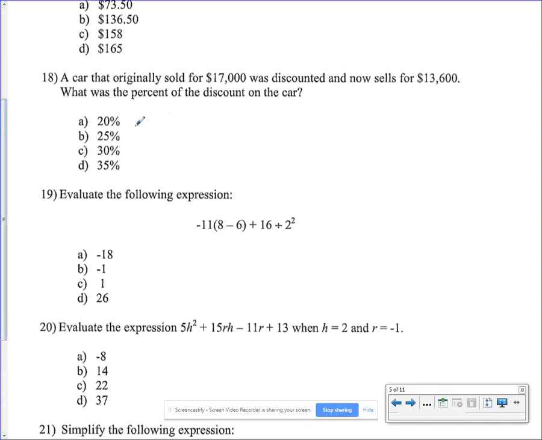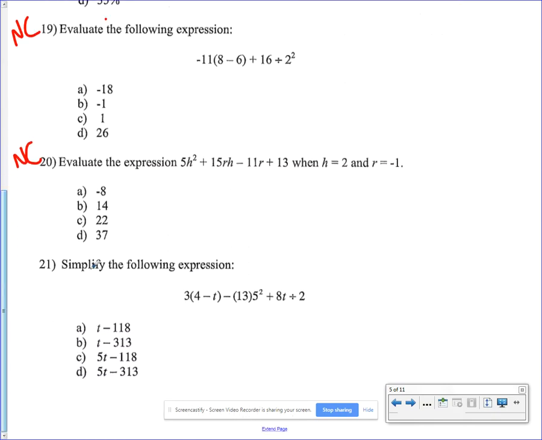When it's multiple choice, sometimes just try those and go from there. 19 and 20 would probably be a kind of question that they would say no calculator on it. So see if you can figure out and evaluate what these expressions are equal to when you have to substitute. Same with 21, okay? Well, that one's algebraic because you still have a variable there.